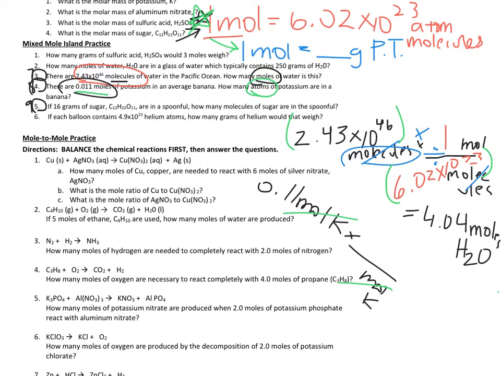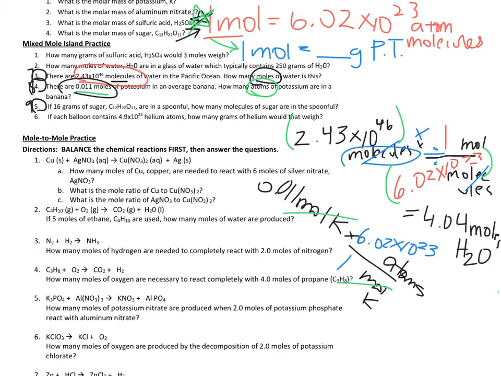And then if the moles are on the bottom and we're using the same conversion factor, that means atoms is going to be on top. And this time, we are going to have 1 mole on the bottom and the 6.02 times 10 to the 23rd on top.